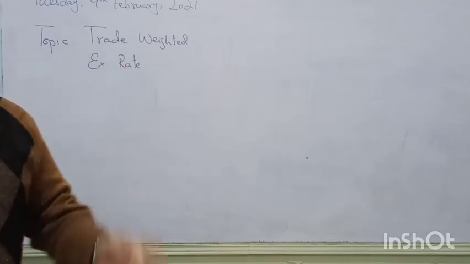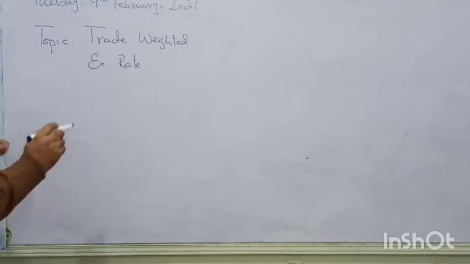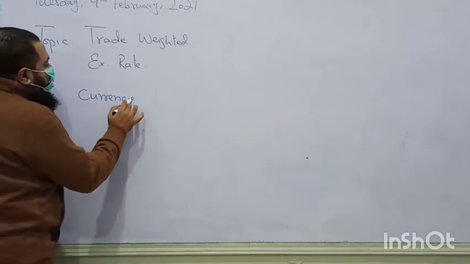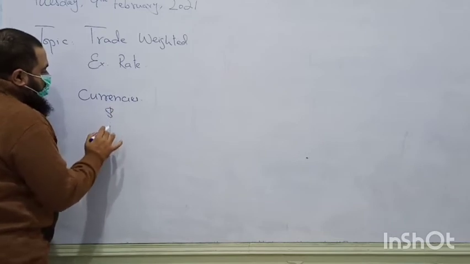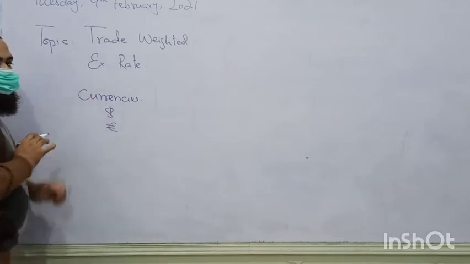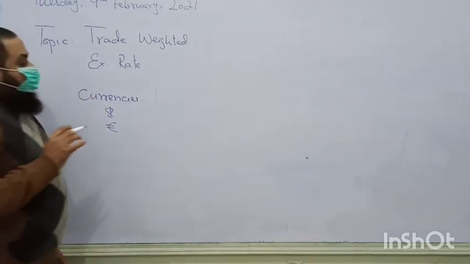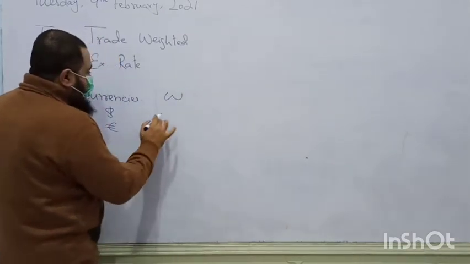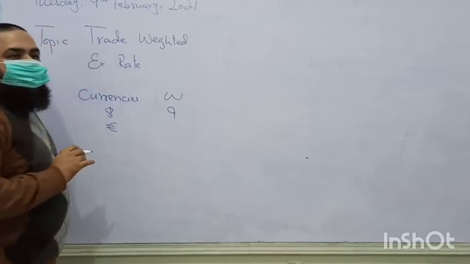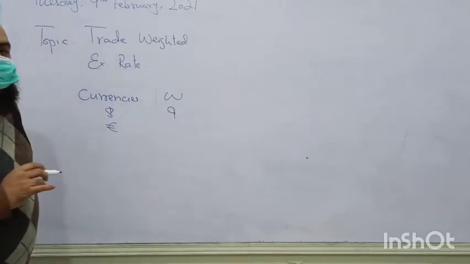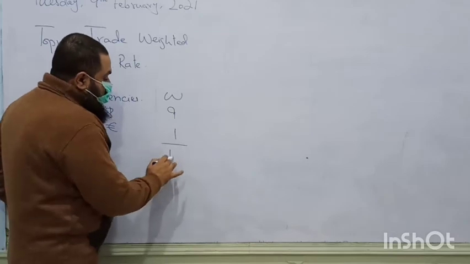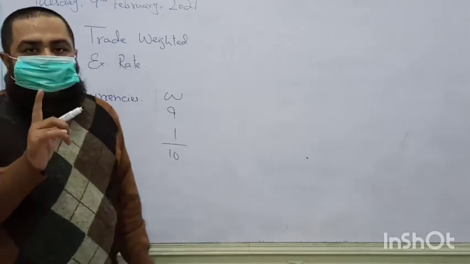There are two currencies in which we are trading. Here I am taking dollar and here I take euro. I say the weights: 90% of trade is taking place in dollars, whereas 10% of trade is taking place in euro.